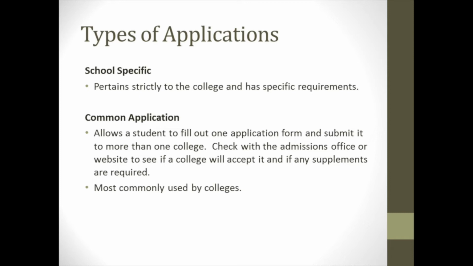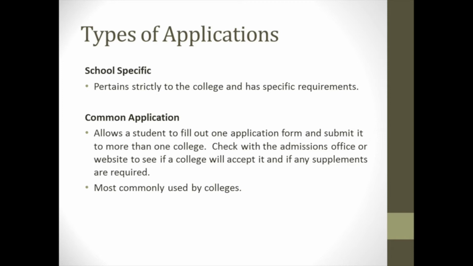So you are going to see when you begin this process, there are several different types of applications. The first type of application that you may see is called school specific. And that is basically an application that pertains just to that school, and they ask specific questions and have specific requirements.